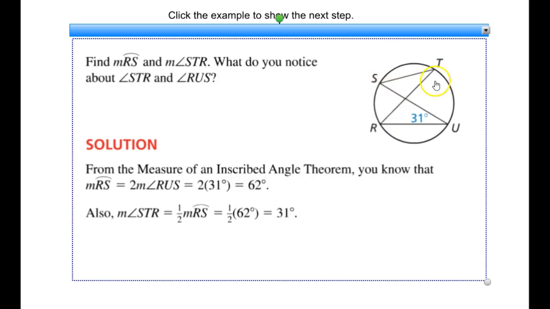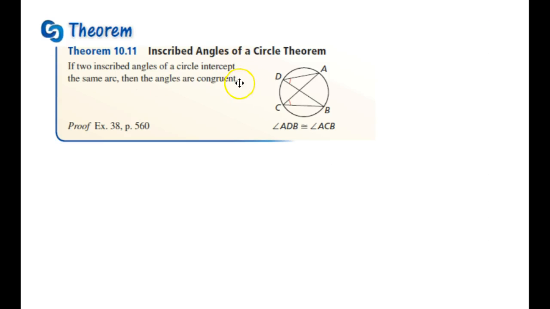So now I can look for this angle STR. Since I found this arc was 62 degrees, I know that the angle is half of it, which gives me 31 degrees. So I know that these two angles are going to be the same. Okay, so now let's look at why we know that. This is called the inscribed angles of a circle theorem. If two inscribed angles intercept the same arc, then the angles are congruent.